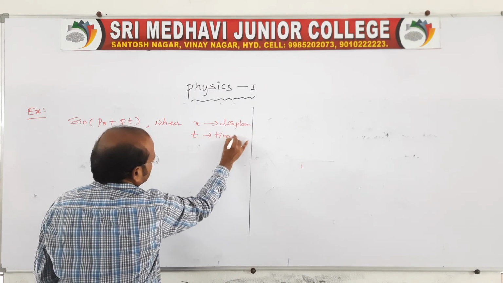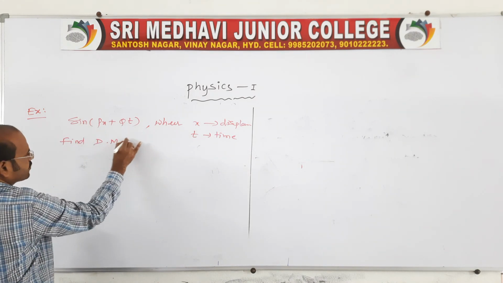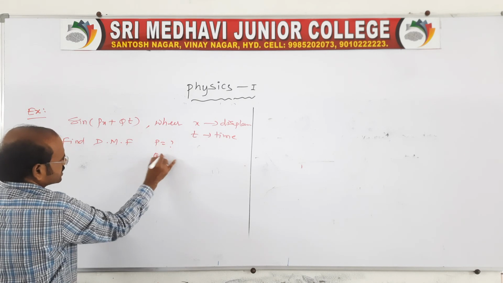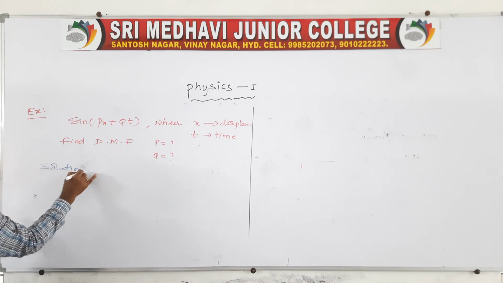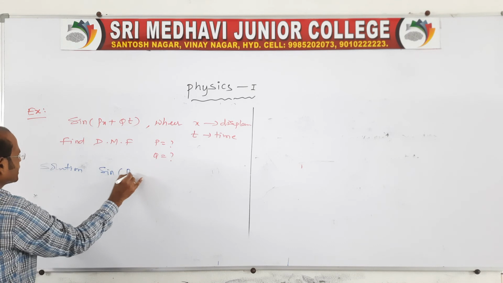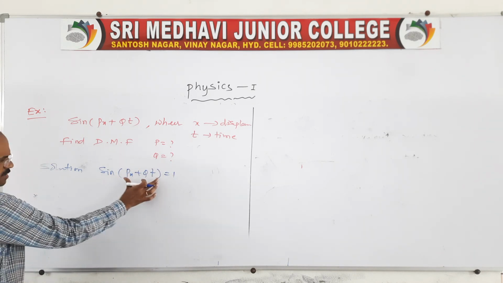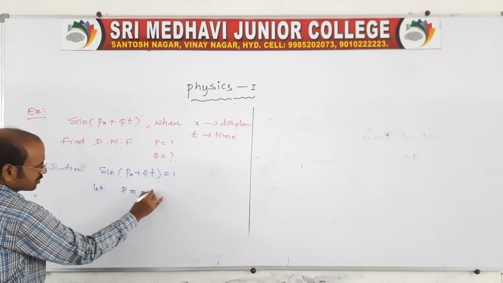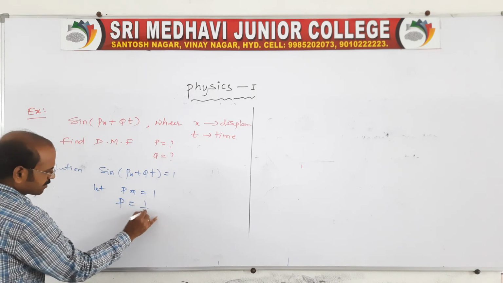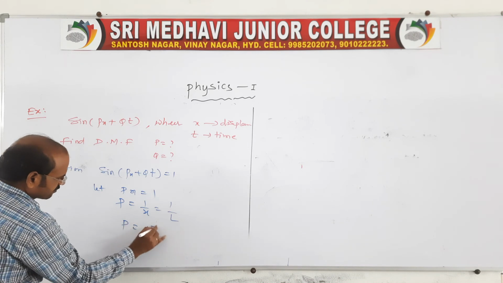The question asks to find the dimensional formula of P as well as Q. Here you take sine of (Px plus Qt) is equal to 1. Again, let Px is equal to 1, then P is equal to 1 by x. Since x is displacement, 1 by L, then P is equal to L inverse.